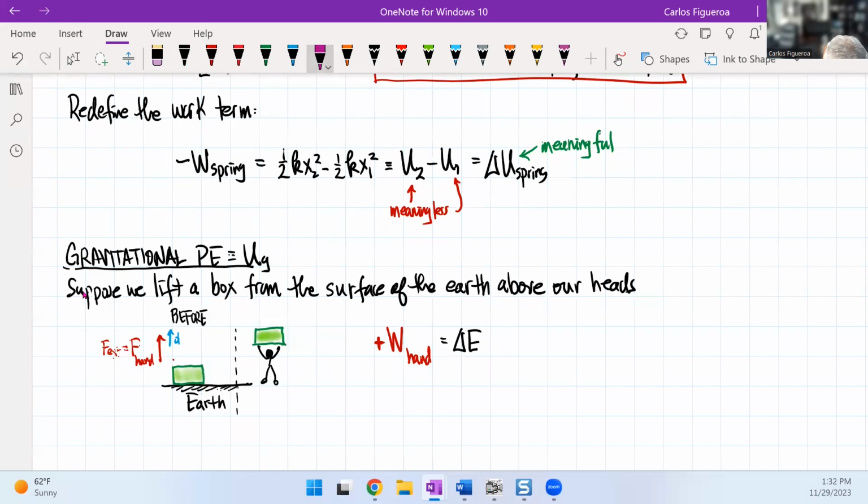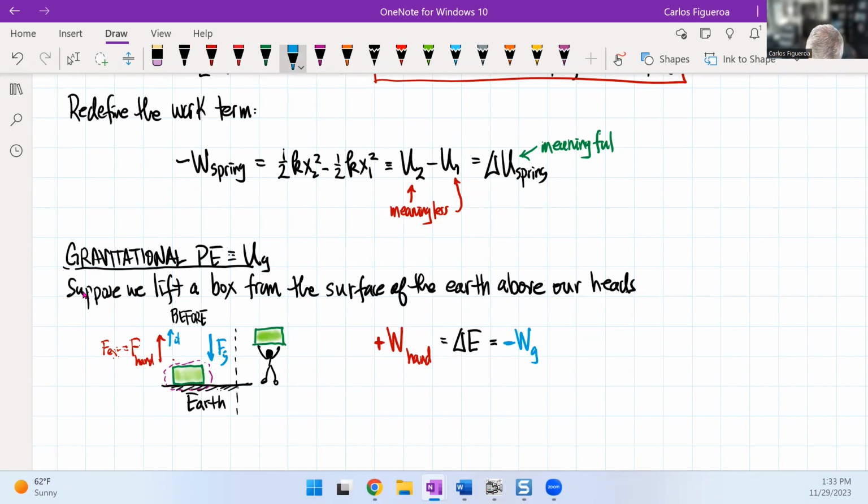Again, what I'm really thinking about is this box, and it has these external forces acting on it. Now, if I look at this slightly differently, at the same time I actually have the force of gravity acting down. But the work done by gravity is not positive, it's negative.